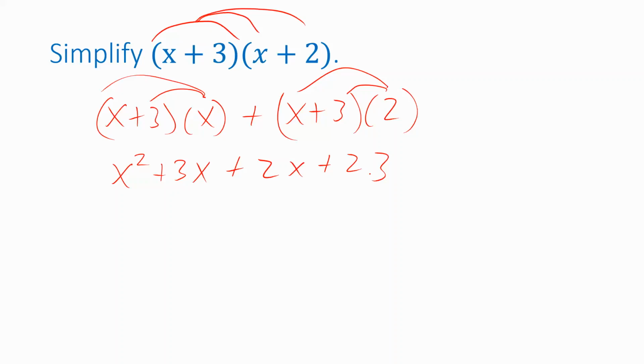And then finally, we can clean it up by just combining the like terms. I have an x squared. I have two expressions that are constants times x, 3x plus 2x. Combine those to get 5x. And this 2 times 3, sorry, I should have put a little indication of multiplication there. That comes out to be 6.